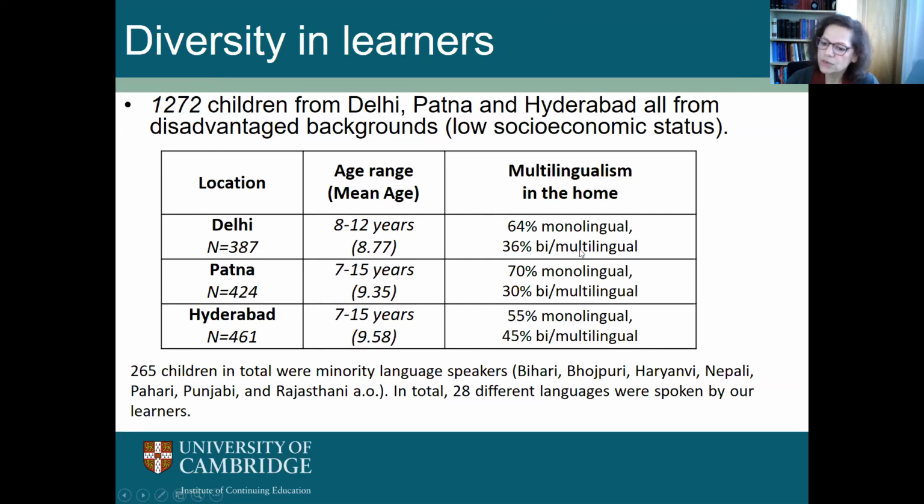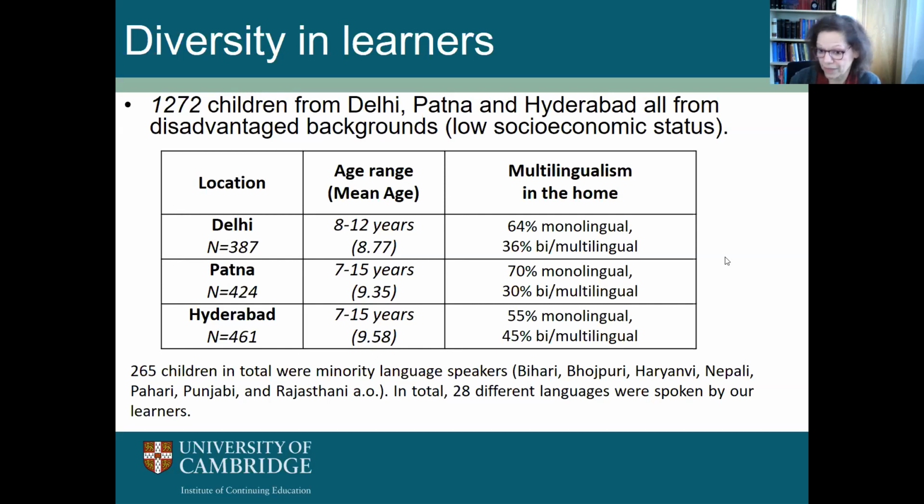We also looked at whether the children came from a monolingual or a multilingual household. Every adult in India, on average, speaks 3 to 4 different languages. But what we focused on was whether the household in which they grow up has more than one language.